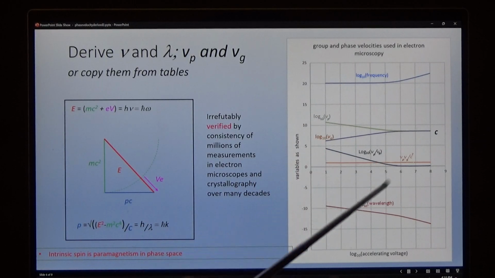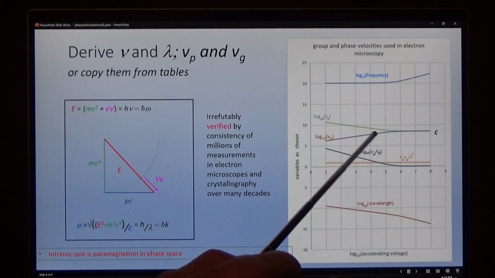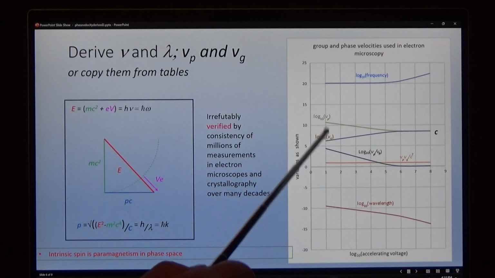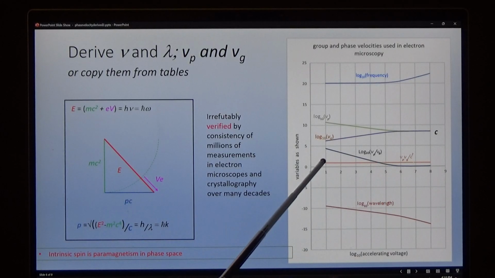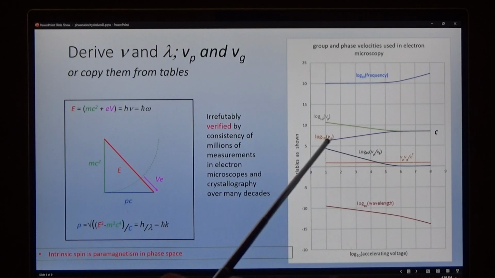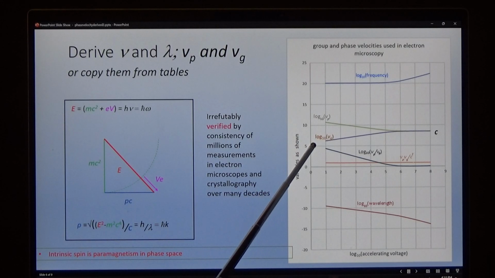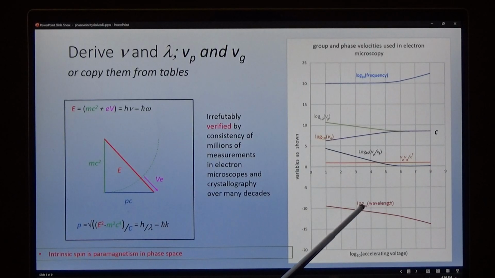Frequency, wavelength. The product is the phase velocity. The inverse is the group velocity. The product is the constant c squared. The ratio is 1 at high energy, relativistic, but gets very large at low energy. These plots are logarithmic, as you can see.